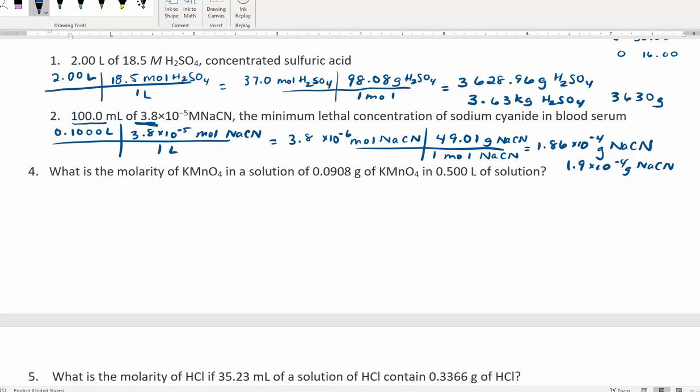What is the molarity of KMnO4 in a solution of 0.0908 grams of KMnO4? Well, again, 99% of the time you see grams in here, you're going to need to convert it into moles. So we take those grams and find the formula mass. Now this time, the formula mass for KMnO4, number 4, is 158.04 per mole.